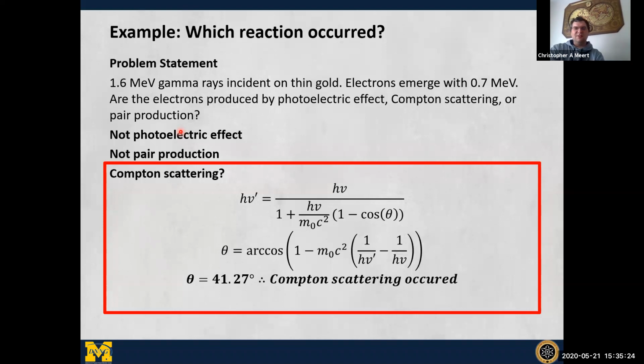Or if you did find an angle, maybe if it fell outside the arc cosine domain, you could be sure that it was some other interaction. But because it covers from 0 to 180 degrees, I think you'll be able to find that this reaction is consistent.